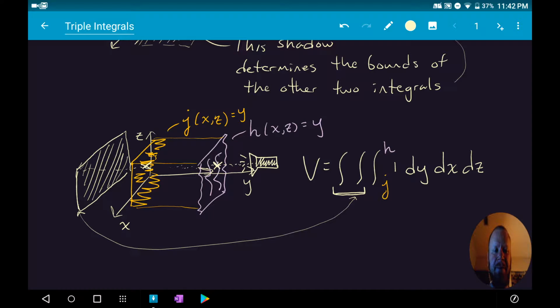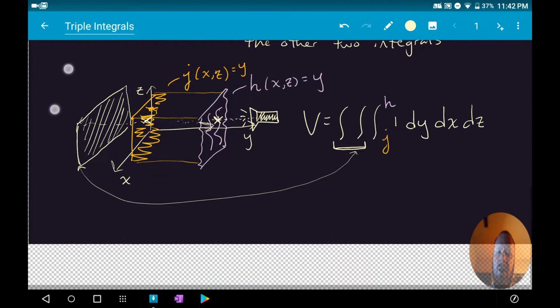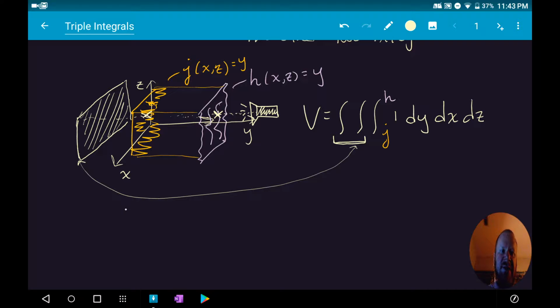Okay. So what I'm going to do for this example is I'm going to be looking at the same volume, the same solid, and I'm just going to do it in all the different orders. All right, there's actually 6 different orders: dz, dx, dy, dx.